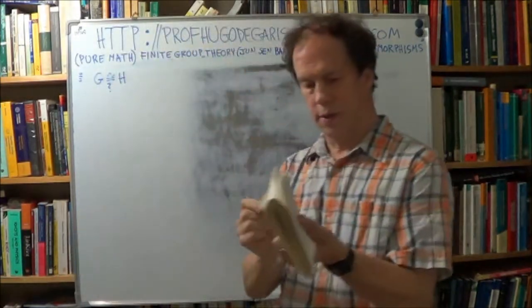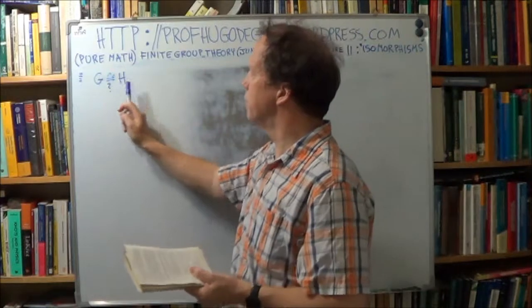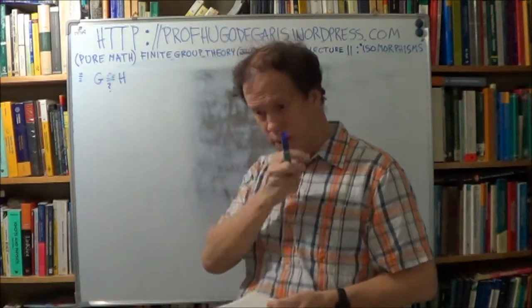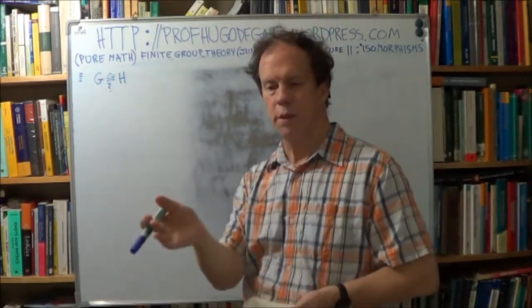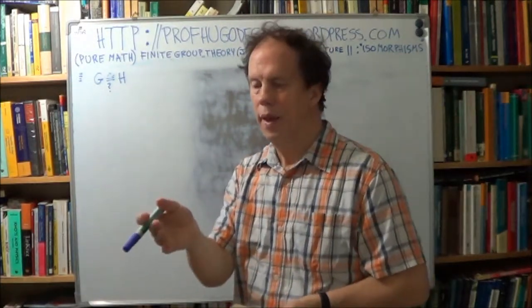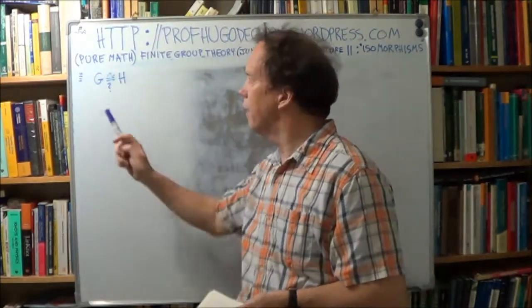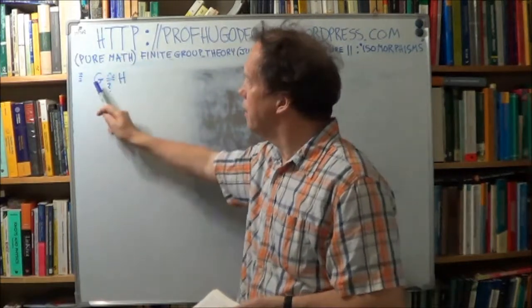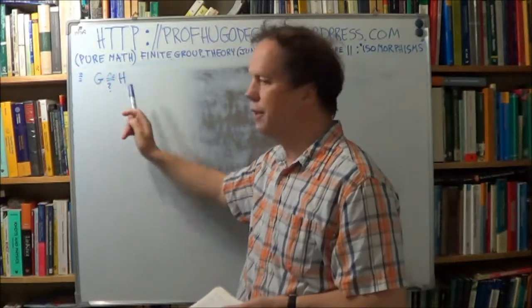And the question is whether these two groups are isomorphic or not. So choose a particular integer. It doesn't really matter which one it is, just an integer, and then go looking for those elements in your first group and your second group.